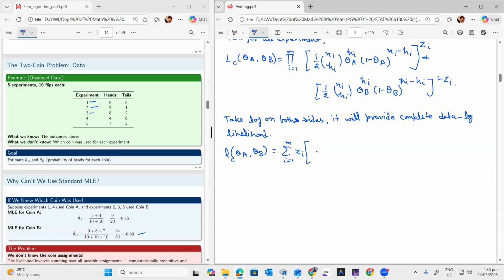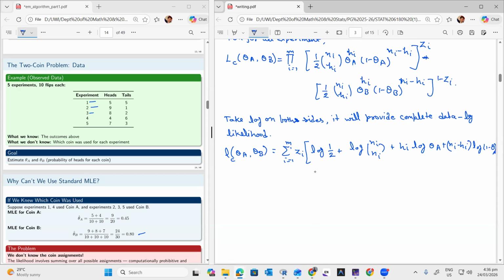So it will be log 1/2 plus log of the combination Ni and Hi, plus Hi log theta A plus (Ni minus Hi) log of (1 minus theta A).